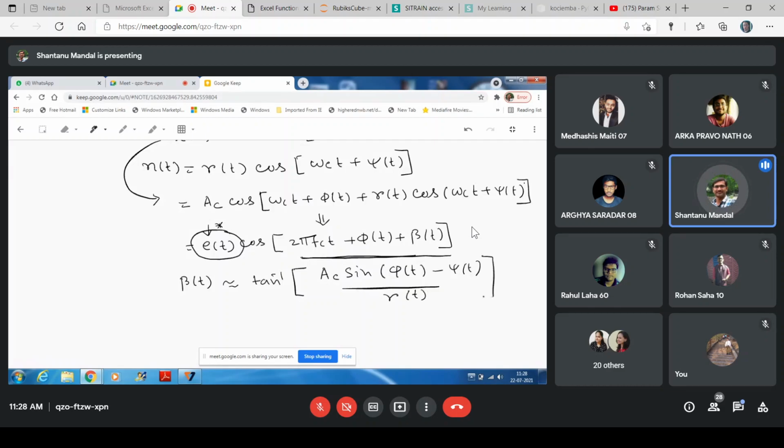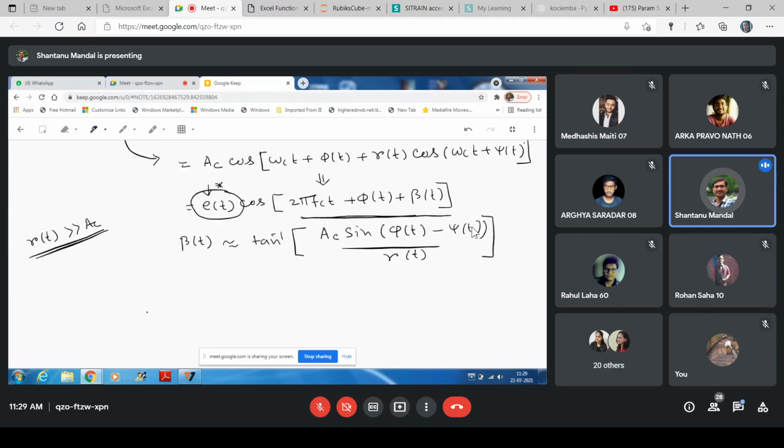Because here R of t is greater than AC. R of t is the noise part. So R of t is greater than AC.